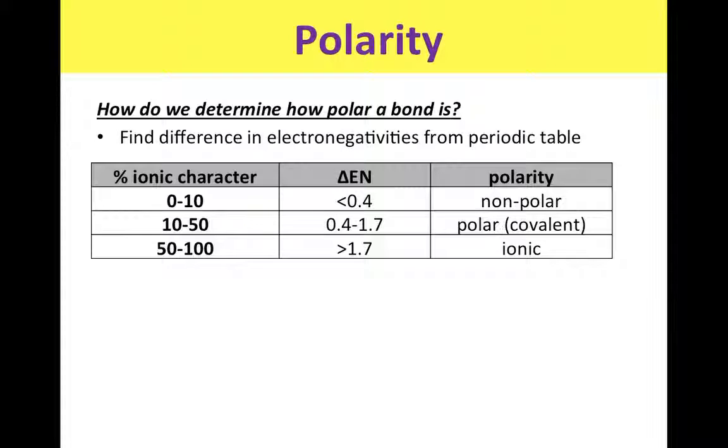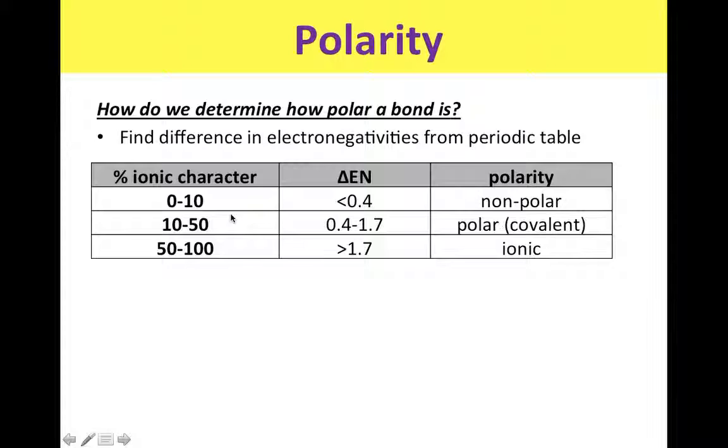So if the electronegativity difference between the two compounds is less than 0.4, it's non-polar bond. And if the electronegativity is between 0.4 and 1.7, polar covalent. Okay, and if it is greater than 1.7, it's ionic.